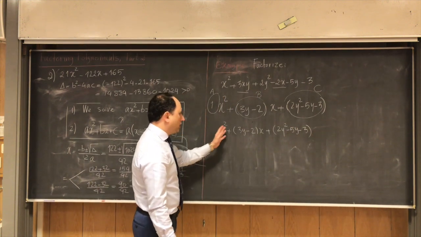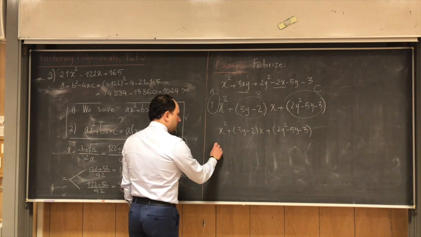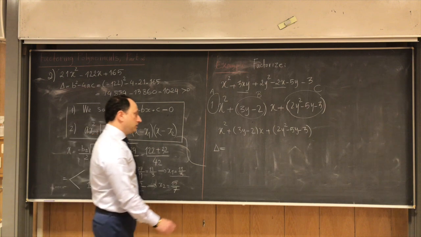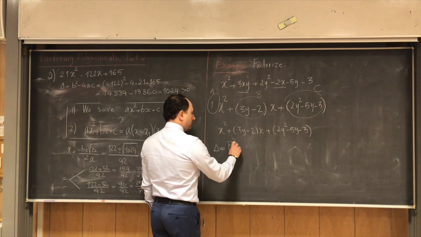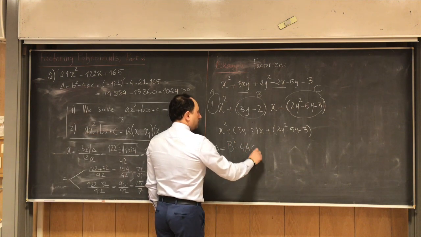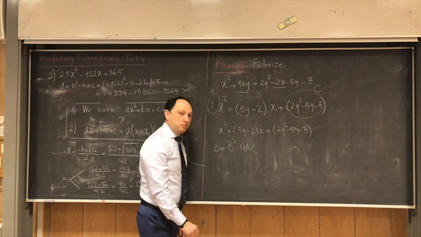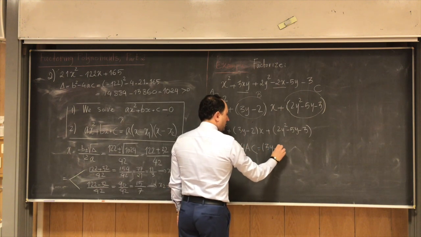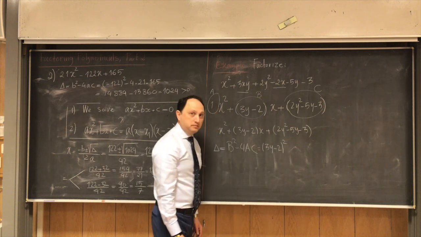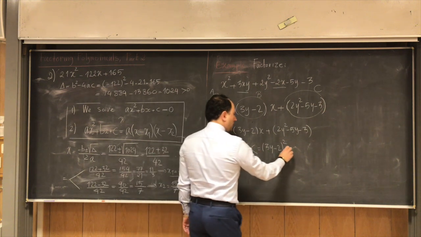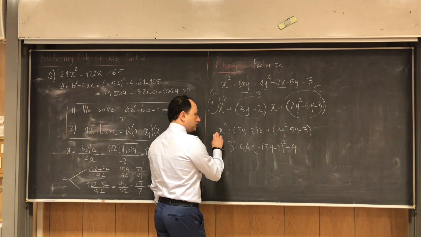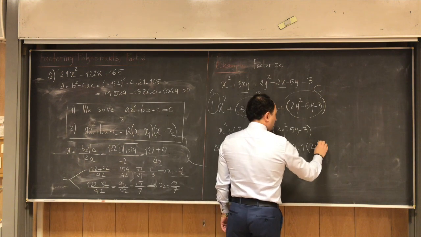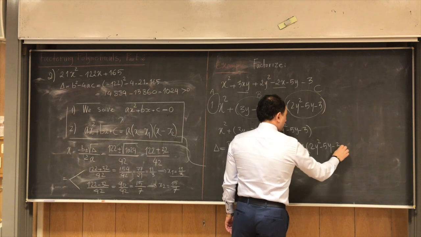So it means that if I want to do this, I calculate delta first. Delta is b squared minus 4ac; let me write it with capital letters here. So b squared is (3y minus 2) to the power 2, and then minus 4 times a, which is 1, times c, which is 2y squared minus 5y minus 3.